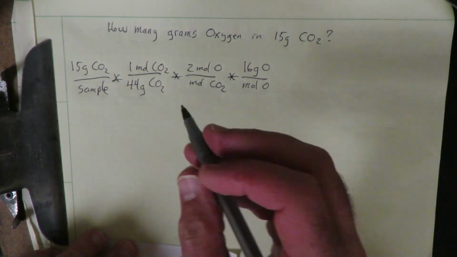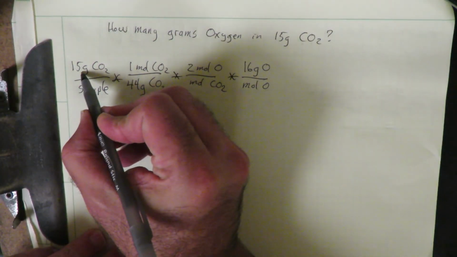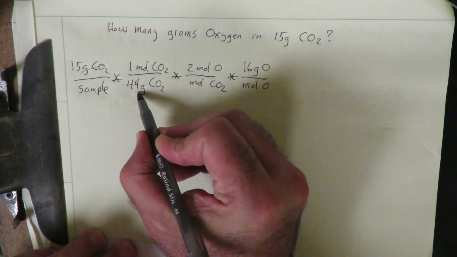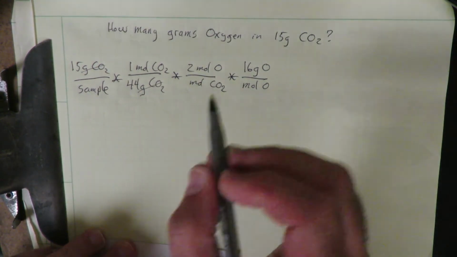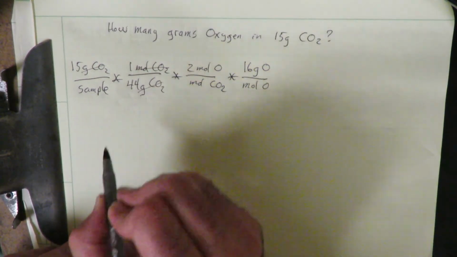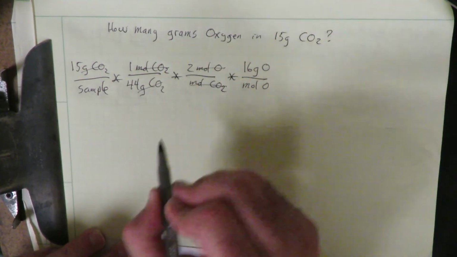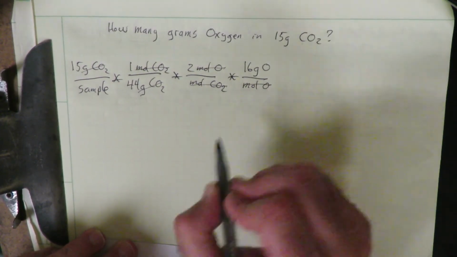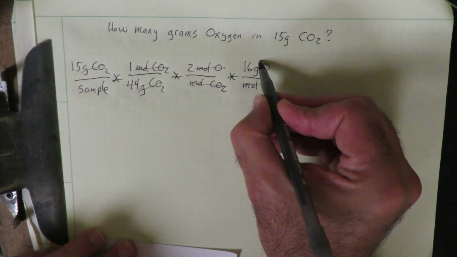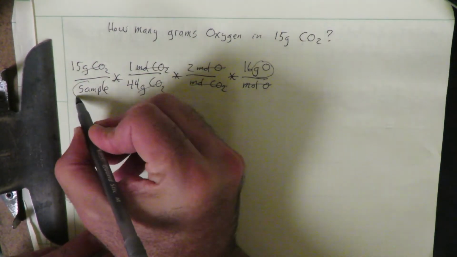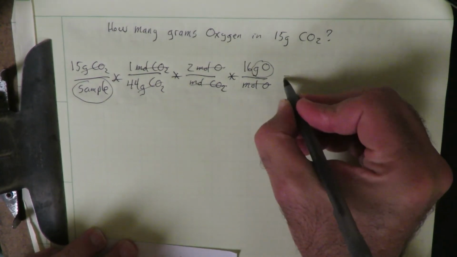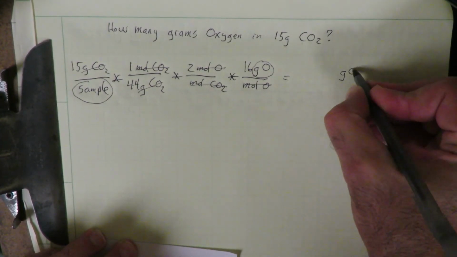That's it. Because we have grams of CO2 canceling grams of CO2. We have moles of CO2 canceling moles of CO2. We have moles of oxygen canceling moles of oxygen. And we're left with grams of oxygen in our sample. There it is. So grams of oxygen.